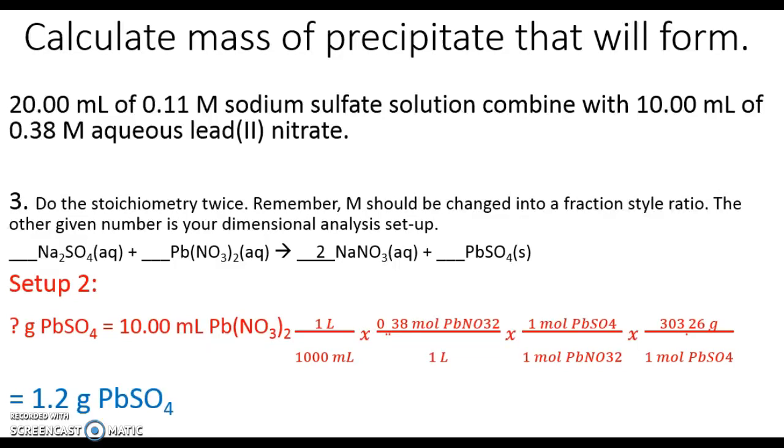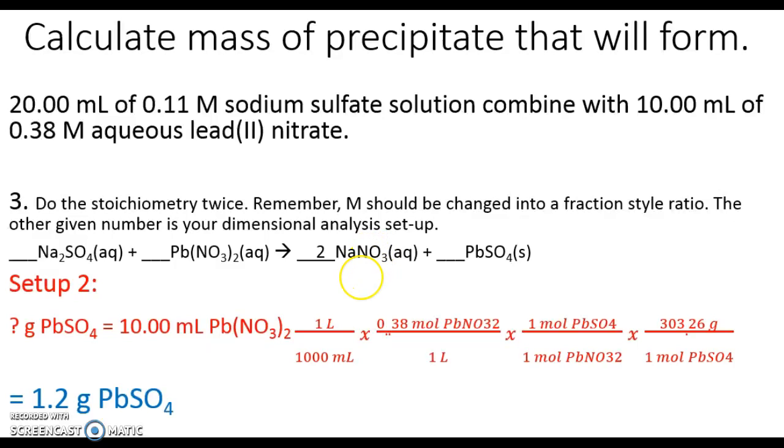So first convert from milliliters to liters, then use the molarity of the lead 2 nitrate as a fraction style ratio, then cross the mole ratio bridge between my starting substance of lead 2 nitrate and my ending substance of lead 2 sulfate, and then finally use the molar mass to get to grams of lead 2 sulfate, which in this case, when I do the math, I get 1.2 grams of lead 2 sulfate.